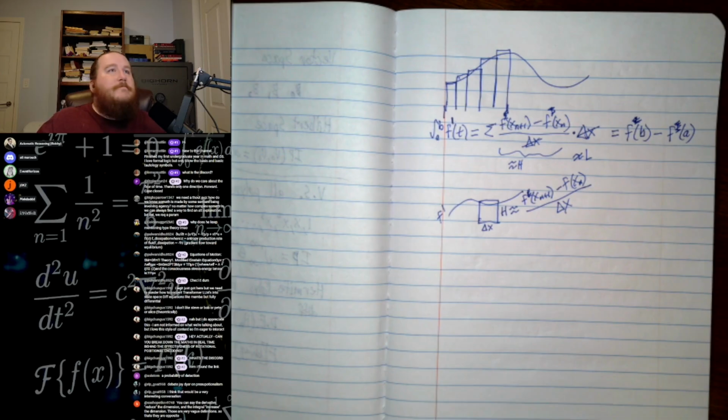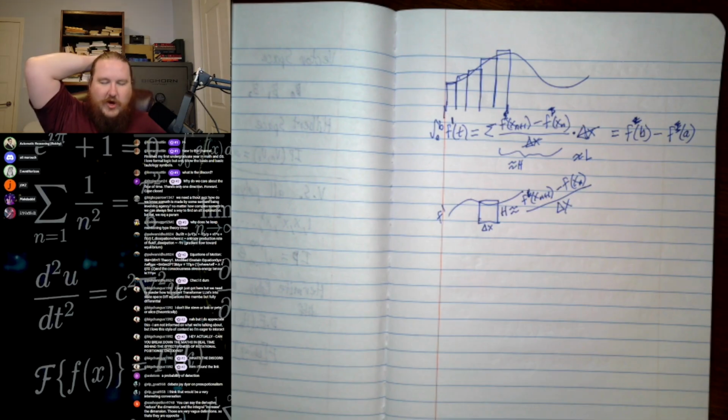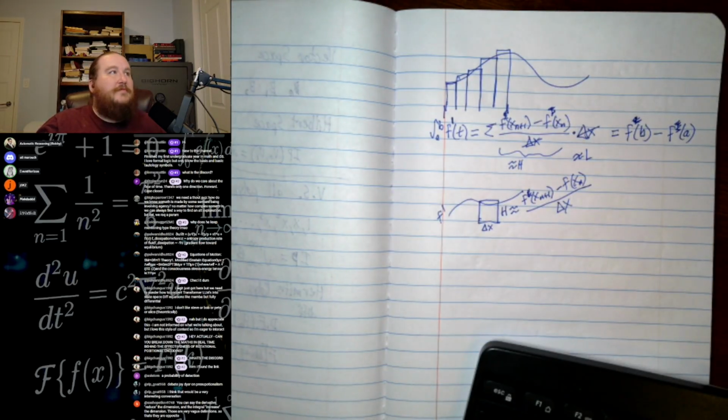I was just recently looking over Gabriel's horn, the infinite surface area but finite volume, and I was looking at the arc length integral, and there's that little manipulation that has to be done.